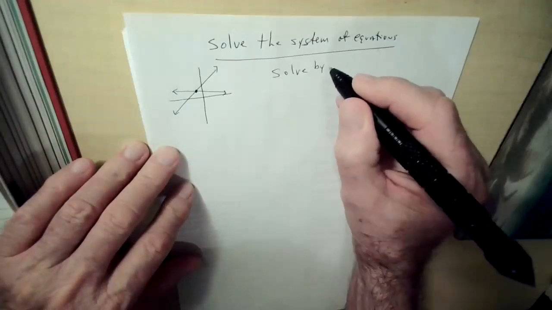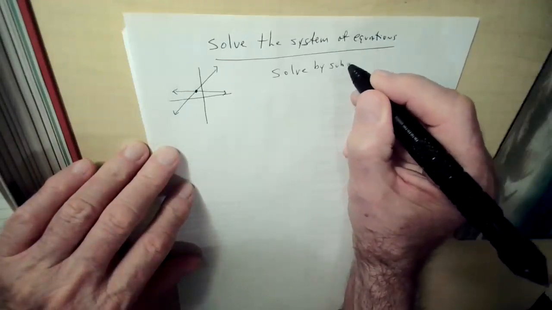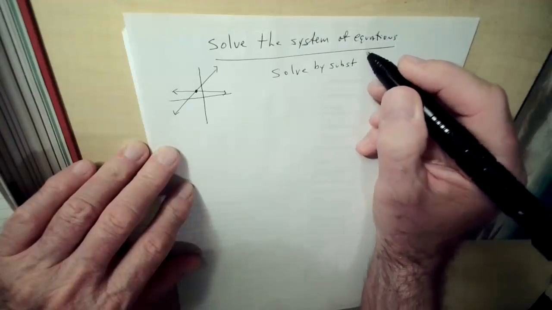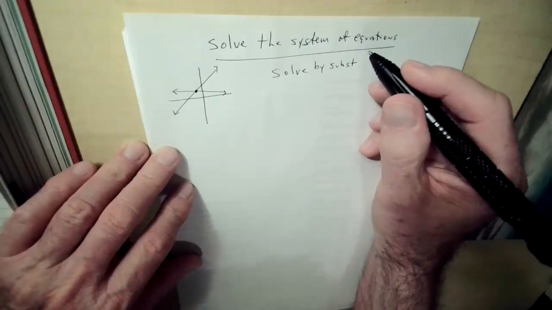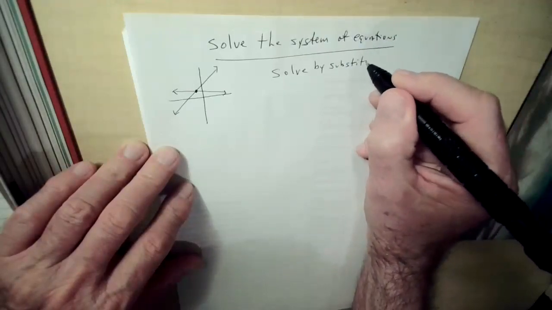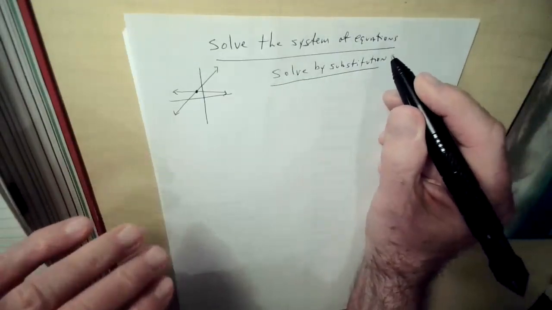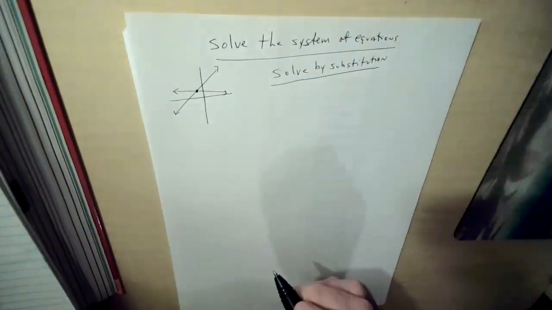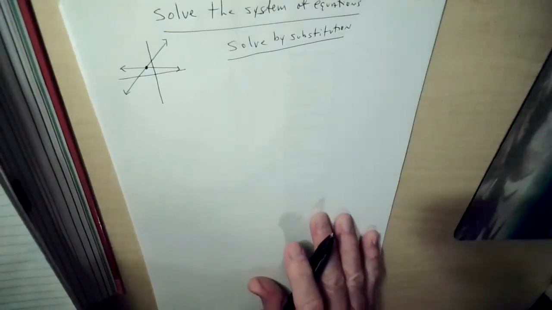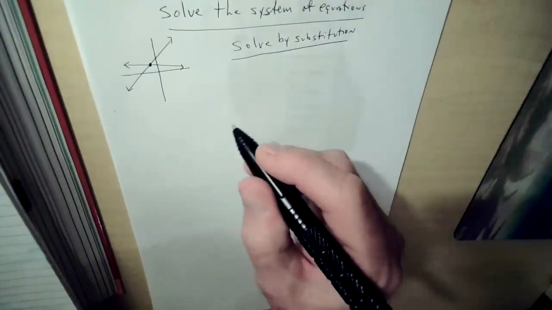Now, what we're going to do first is there's 3 ways of doing this: graphing, substitution, and elimination. Solve by substitution.